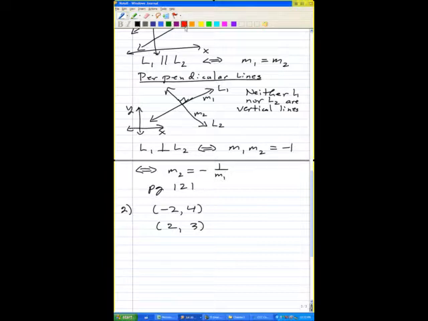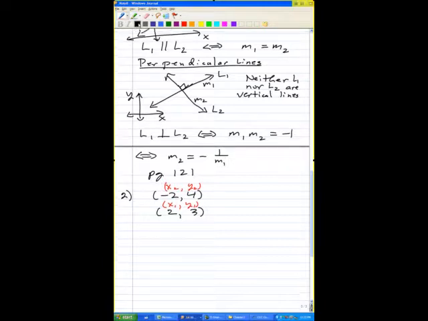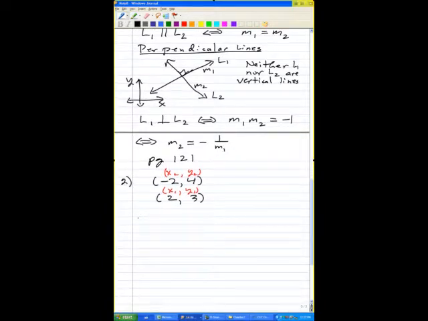Let's call this x1, y1. Let's call this x2, y2. And so I want to find the slope, which is just y2 minus y1 over x2 minus x1.